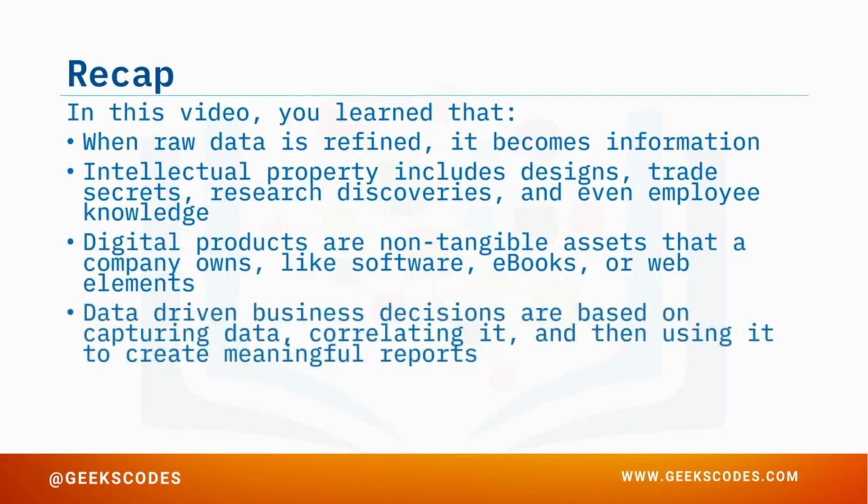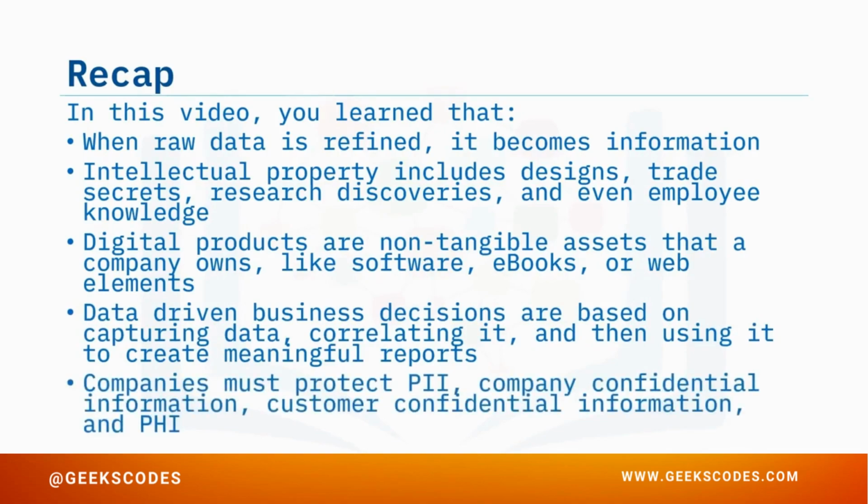Data-driven business decisions are based on capturing data, correlating it, and then using it to create meaningful reports. And the classes of data that companies and organizations must protect are personally identifiable information, or PII, company confidential information, customer confidential information, and protected health information, or PHI.